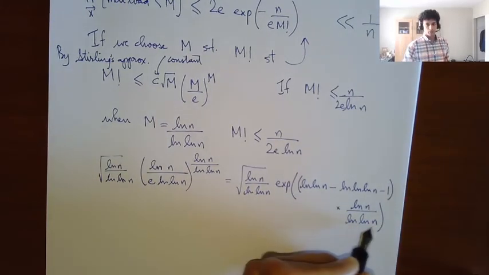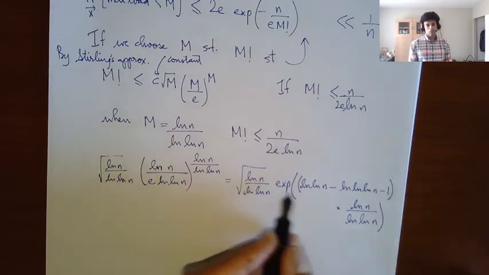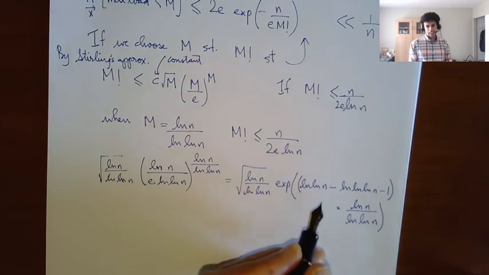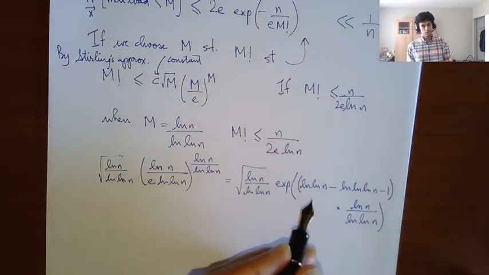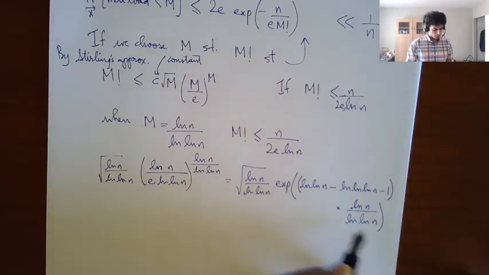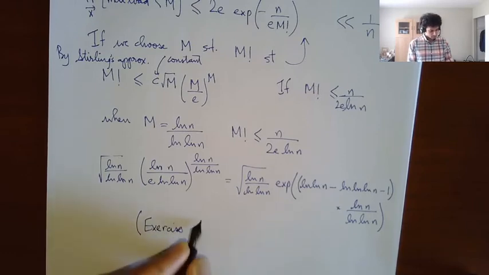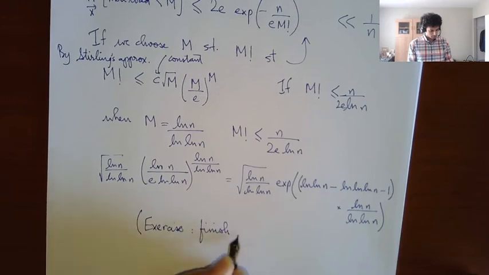So the point is, this log n basically cancels out this log log n, and then you get something like e to the log n, 1 minus something, and this we can show will be less than n over log n. Okay? I'm not going to walk through the full math, but hopefully you see why the dominant term cancels out here. And I'll say exercise, finish the calculation.